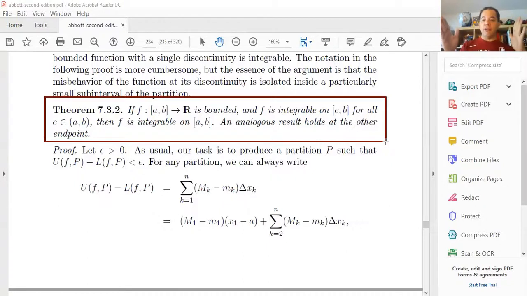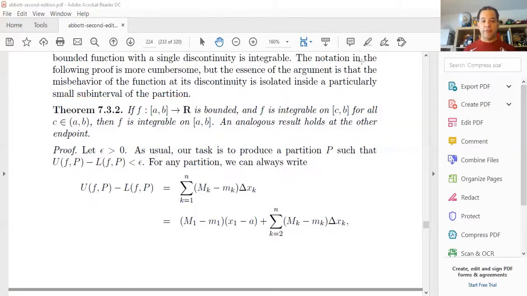Because if it's continuous, then it's going to be integrable if you pick any closed interval in between. So that's our assumption: it is integrable from C to B, and we want to show that it is integrable on A to B. It's a kind of simple theorem, but it's going to help us show the part about having finitely many discontinuities and still being integrable.